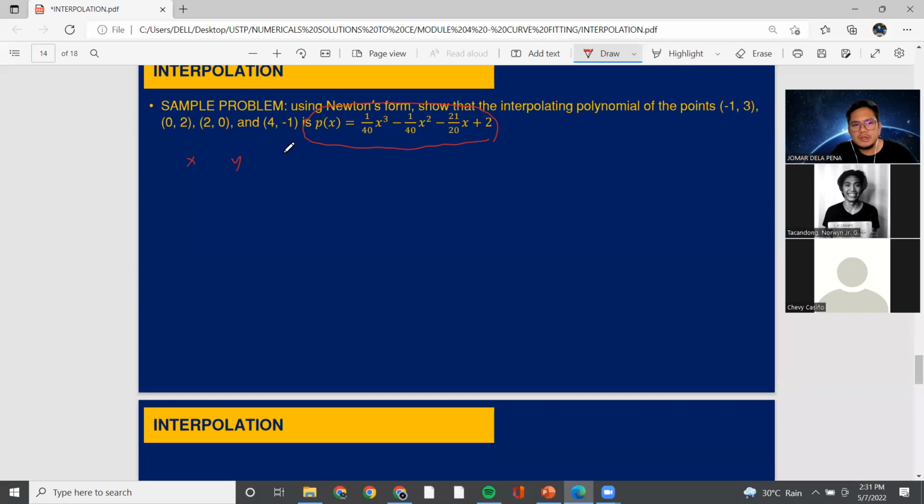And then the first divided difference, the second divided difference, and the third divided difference. So din lang natin sulat. So first we have negative 1. Y is 3. Is 0. 2. 2. 0. 4. And negative 1. Okay?